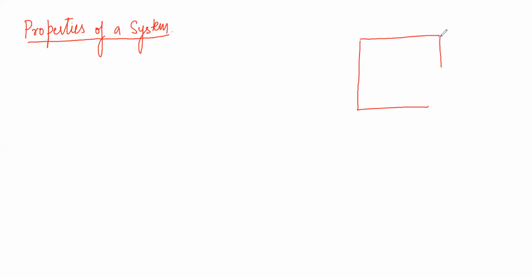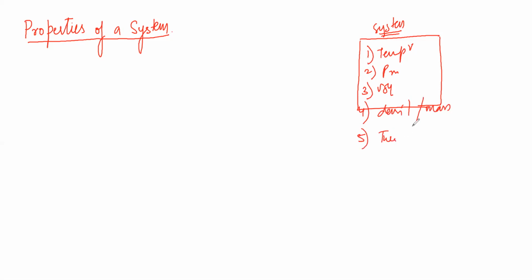With respect to that system, what an individual is more concerned about is: what should be the temperature, what should be the pressure, what should be the volume, likewise what should be its density, its mass, or the thermal conductivity.